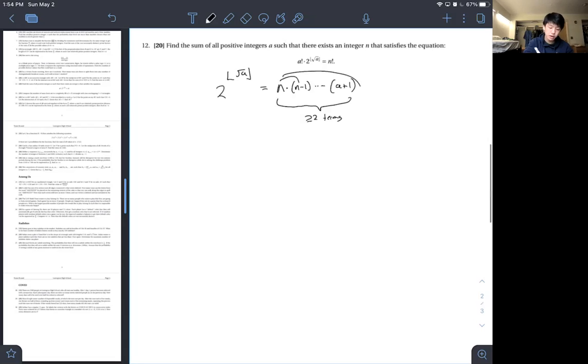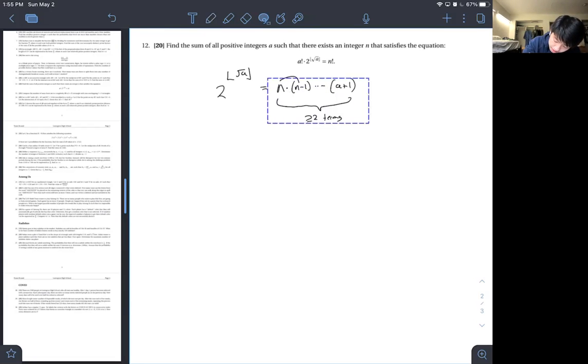This right hand side cannot be a power of 2 unless a plus 1 equals n. Because n times n minus 1 will never be a power of 2. It'll have odd factors, so it can't be a power of 2.